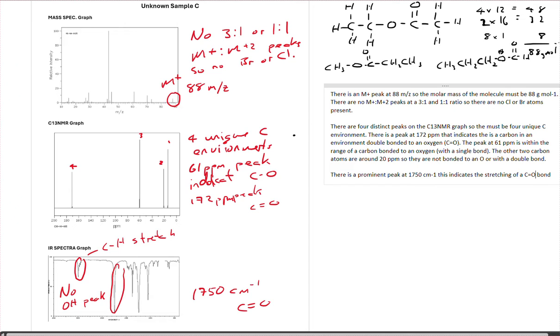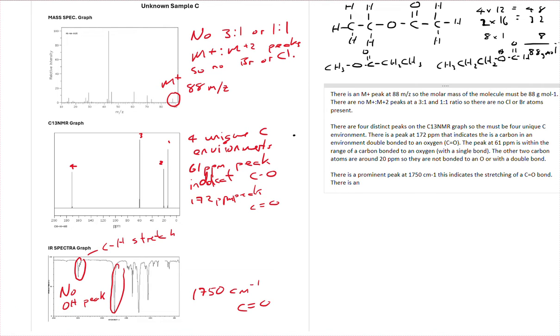Carbon oxygen bond. Right. There is an absence of broad peaks above 3000 cm^-1.